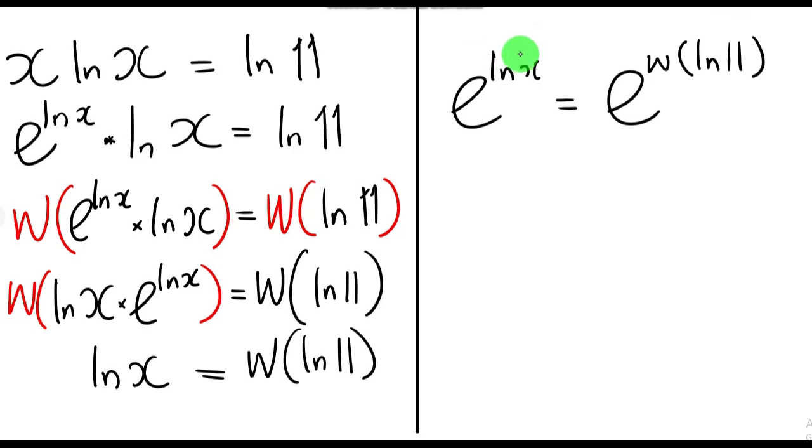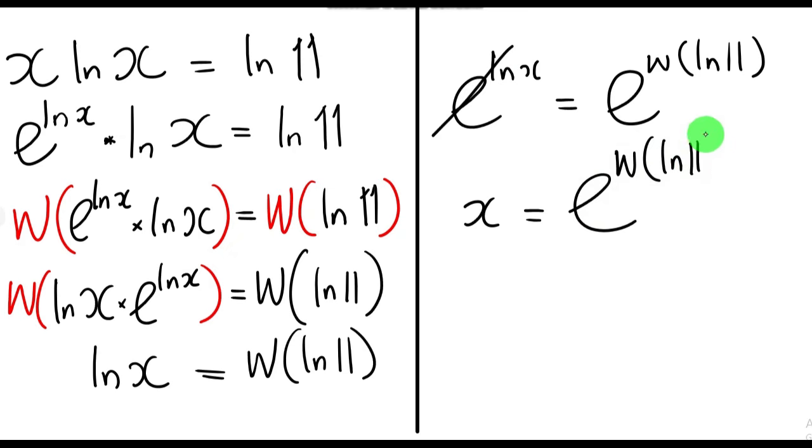As explained earlier, this is going to go away, then we have x equals exponential of W function of ln 11. To break this down further, we need to find what W function of ln 11 is. The calculator is going to help: W function of ln 11 is 0.9383.